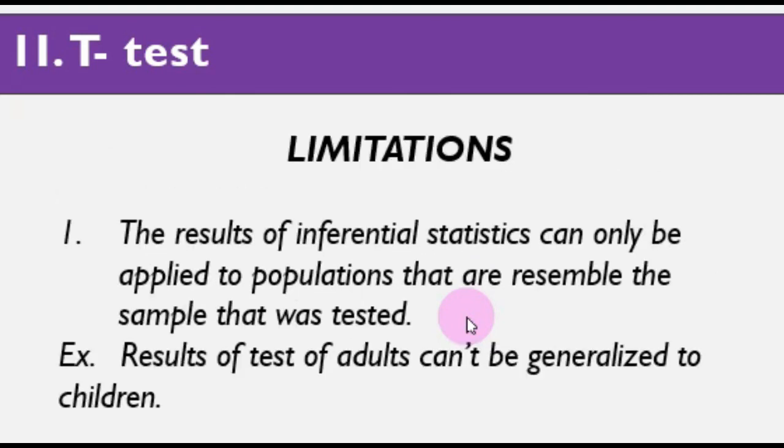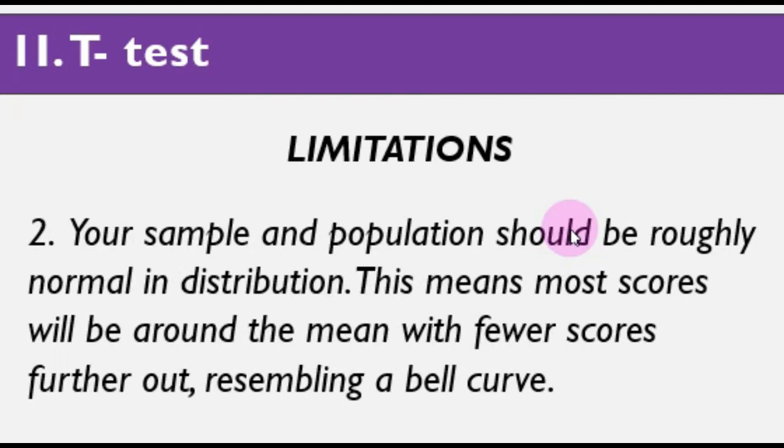However, this t-test has limitations also. Okay, example, results of tests of adults can be generalized to children. Okay, so bakit? Kasi nga may specific tayo na hinahanap dito sa using t-test. Alright, number 2, your sample and population should be roughly normal in distribution. This means most scores will be around the mean with fewer scores further out, resembling a bell curve.